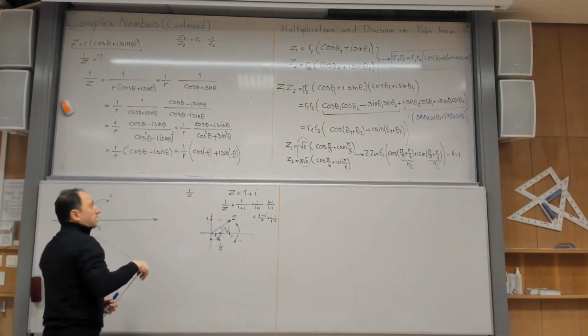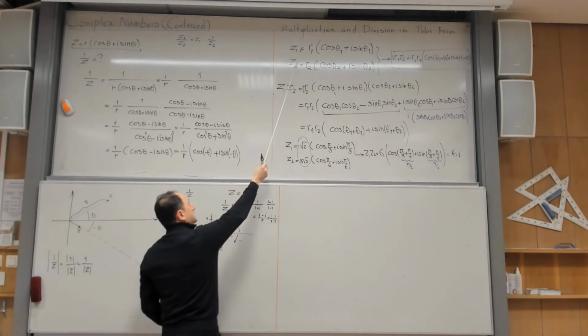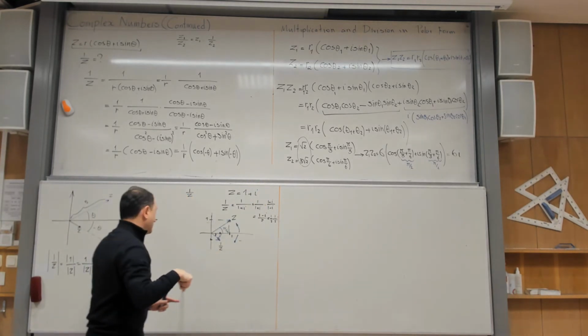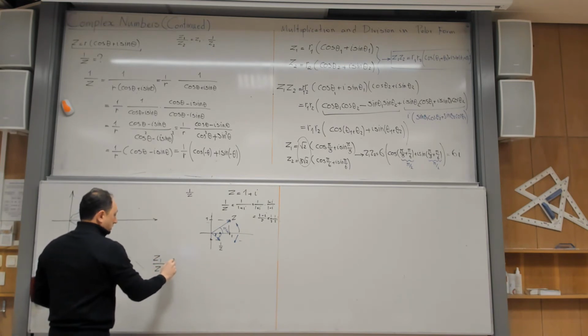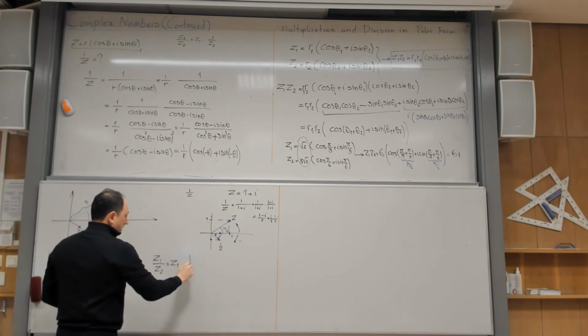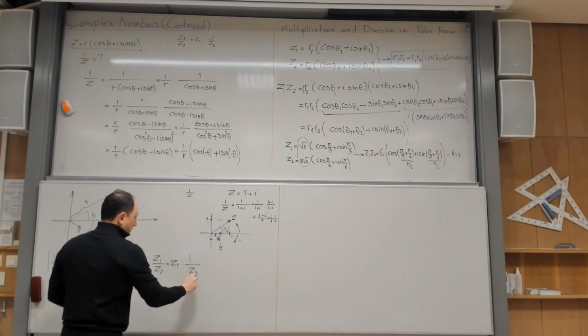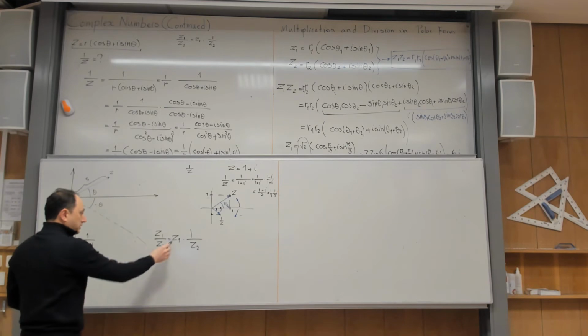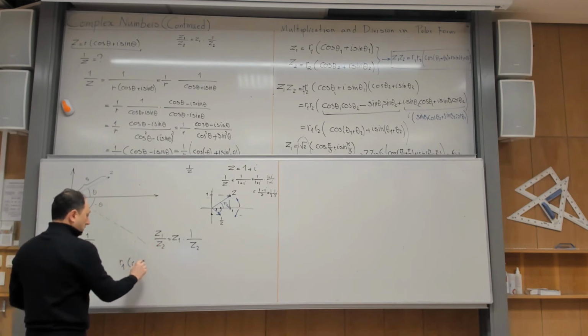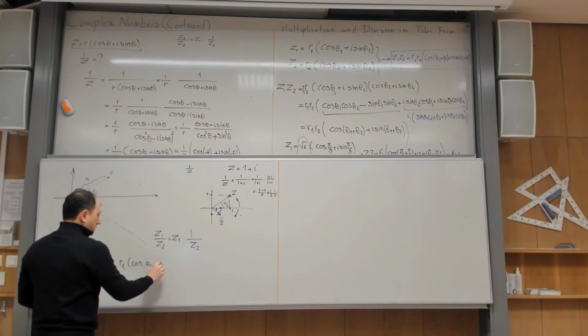Okay, so now I am going back here. So Z1 is this and Z2 is this. So I want to calculate Z1 over Z2. But Z1 over Z2, as you know, can be written as Z1 times 1 over Z2. We just learned what Z1 is: Z1 is R1 cosine theta 1 plus I sine theta 1.